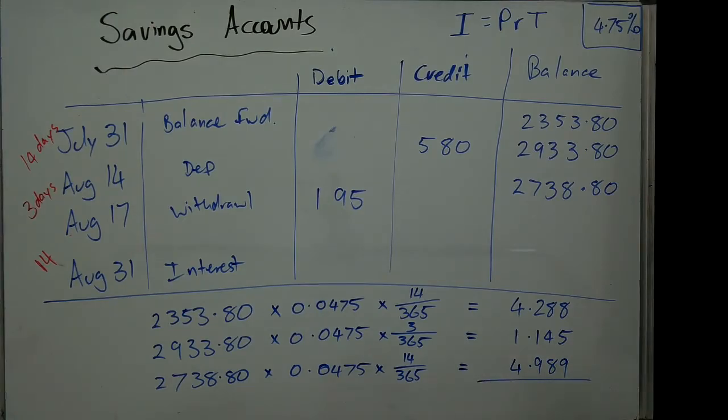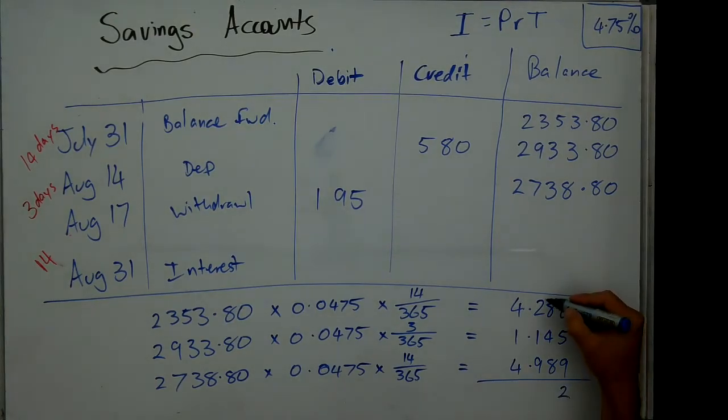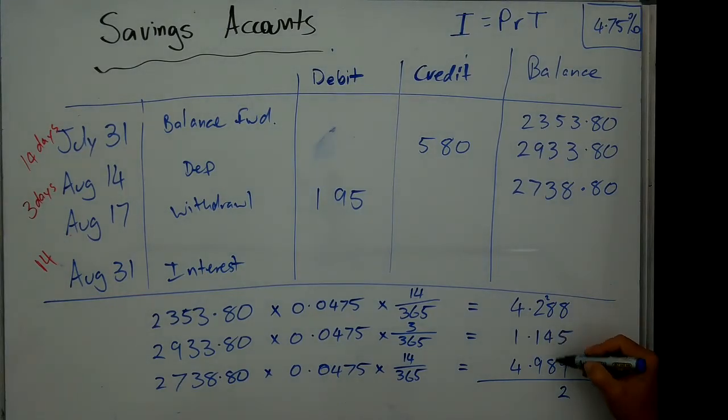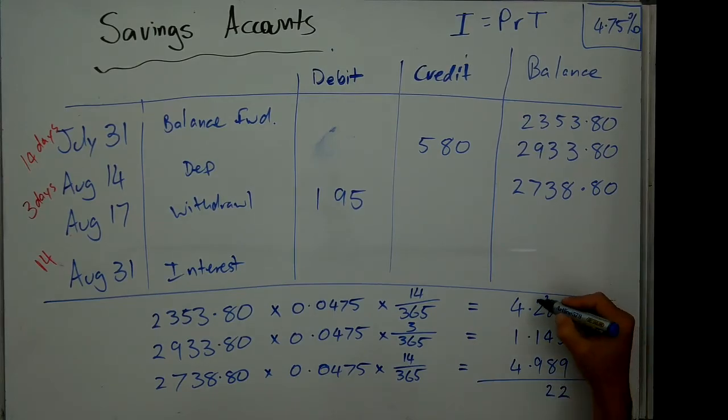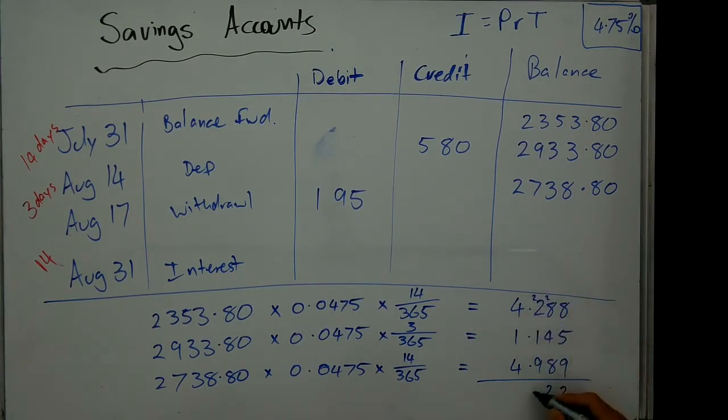Okay, so we're going to work out the total. 9, 8 is 17, and 5 is 22. 2 is 10. 18, 19, 20, 22. 9, 10, 14, 4, 8, 9. Okay, so we can round that now, 10.42. That's our total interest.